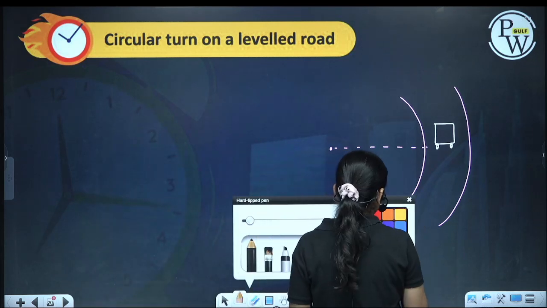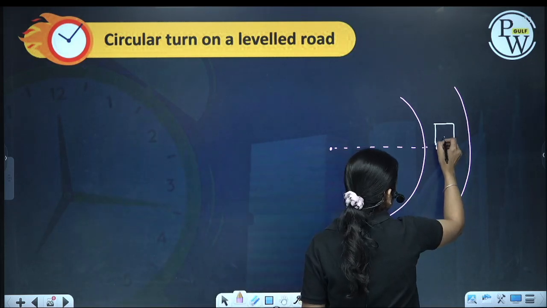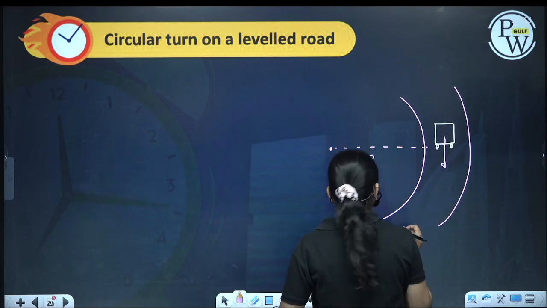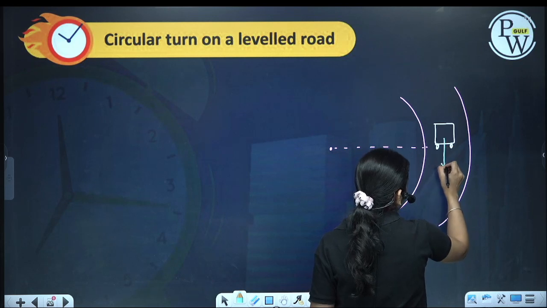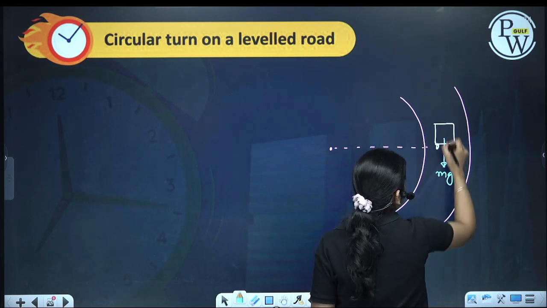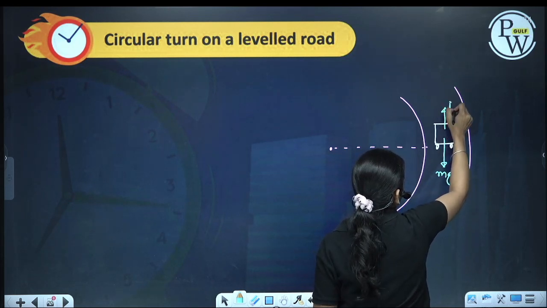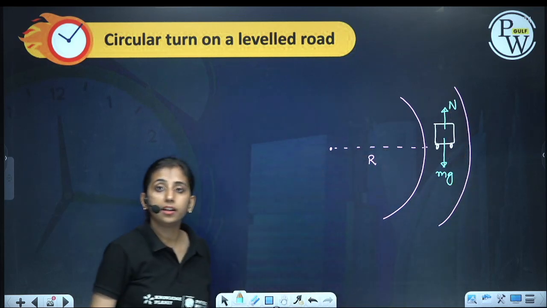Draw the forces on the car. One force will be mg acting vertically downwards, the weight of the car. Another force will be normal reaction acting vertically upwards.